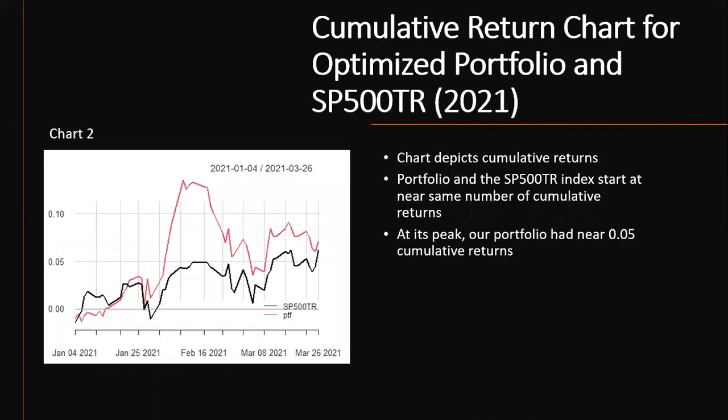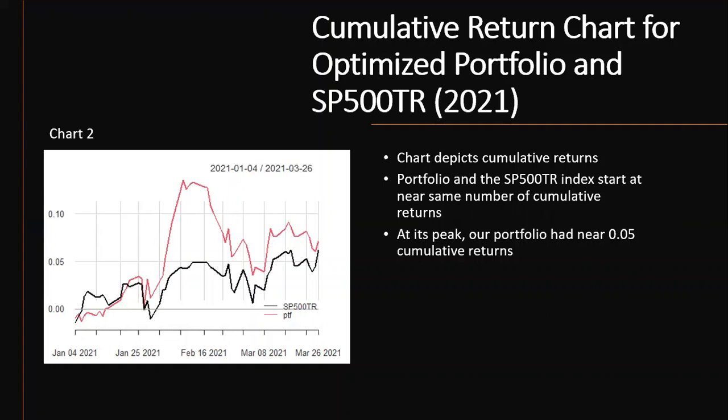Cumulative return chart for optimized portfolio and SP500 TR 2021. Chart 2 below depicts the cumulative returns for our portfolio and the SP500 TR index for 2021 ending on March 26th. From this chart, we can observe that our portfolio and the SP500 TR index start at around the same number of cumulative returns, while our portfolio overtakes the SP500 TR index near the end of January.